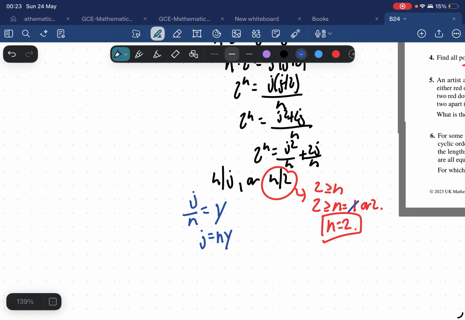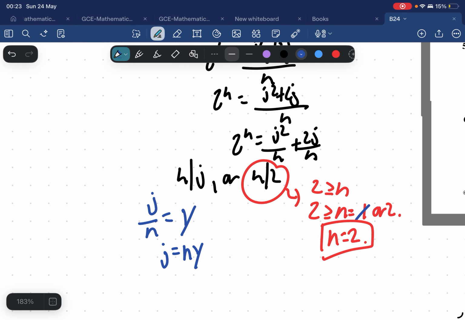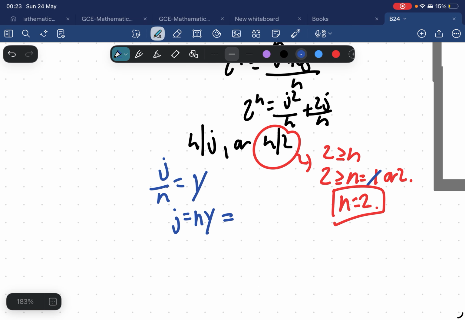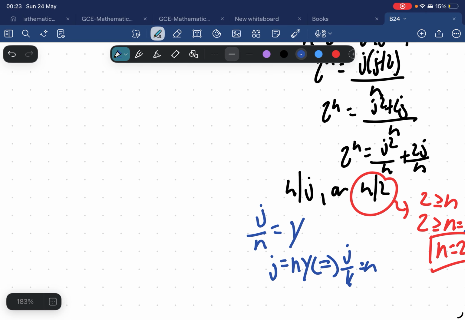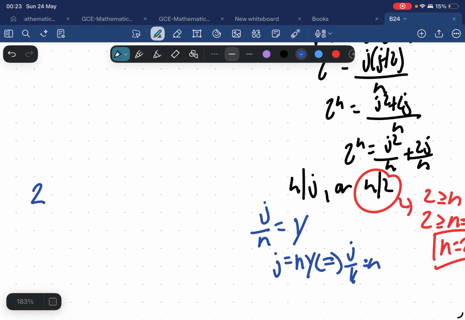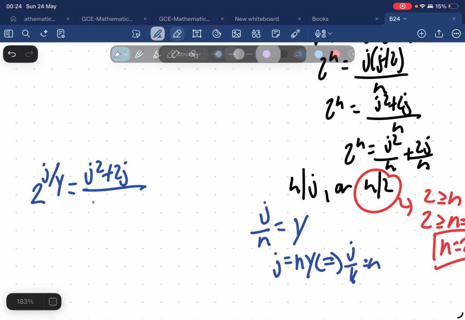We have actually, could do is j over gamma plus n. So we have that 2j divided by gamma is equal to j squared plus 2j over j divided by gamma.